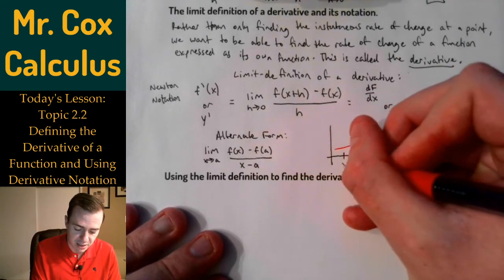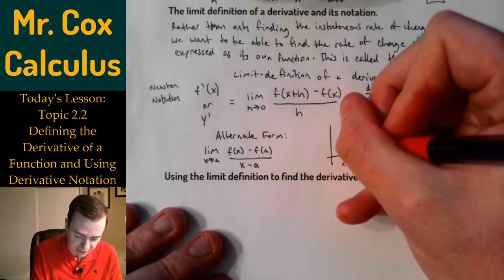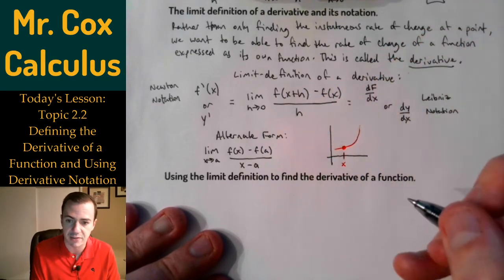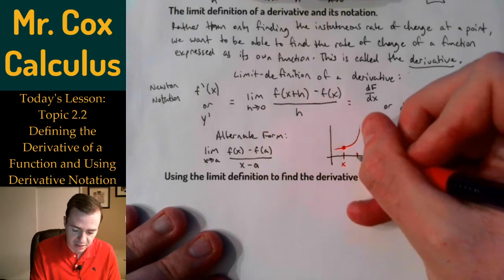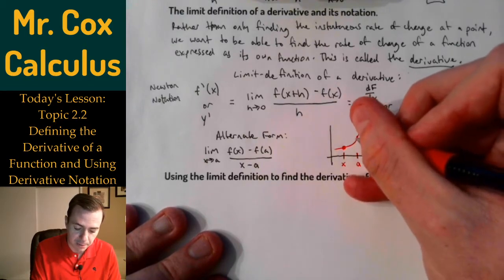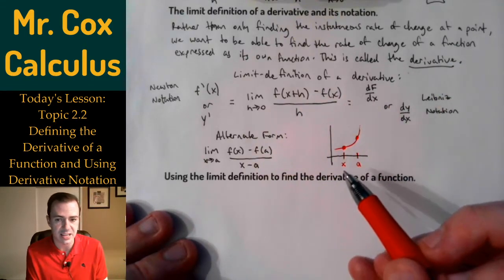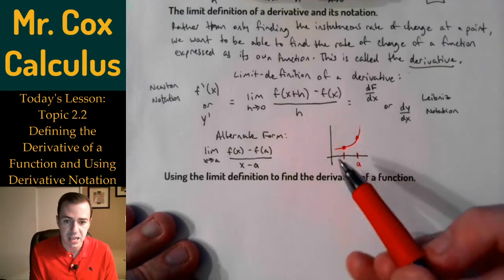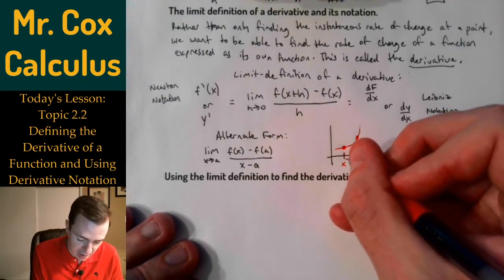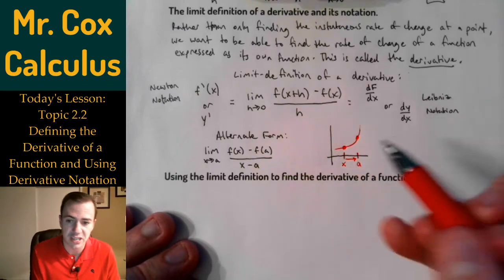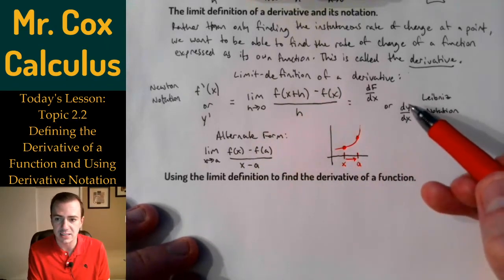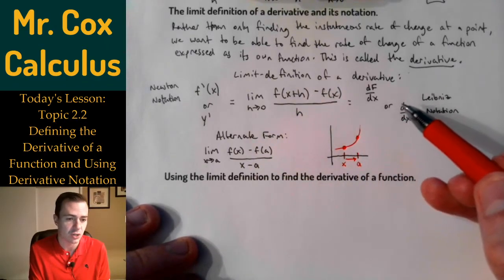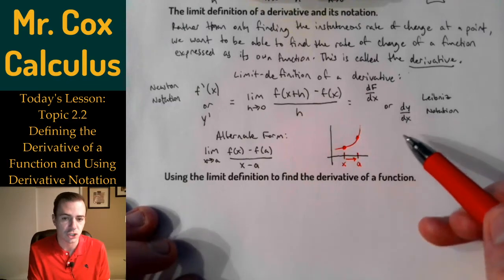So it's this idea that if I take this value of x, and so of course there's an f of x right there, and then if I take this value of a, well, I can get an instantaneous rate of change if I take x and I push it really close to a. You can see I'm going to get this idea of a really small change in y over a really small change in x.